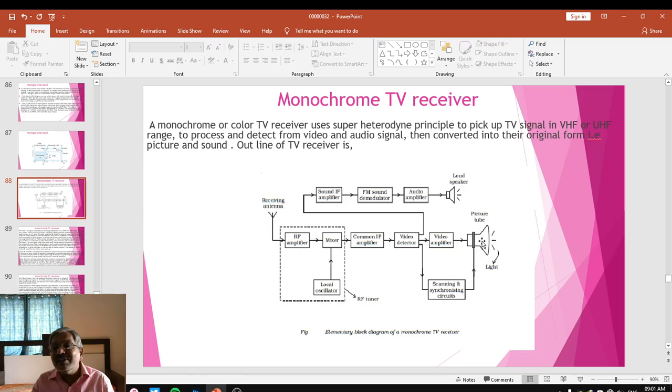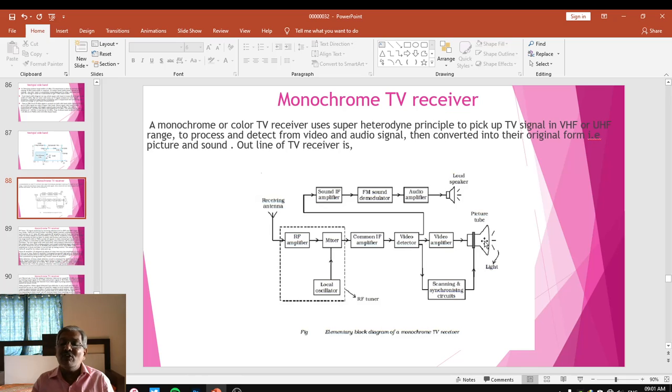Those are converted into a beam of electrons. Then the generated electron beam is passed to the final accelerating anode or main accelerating anode, where the electron beam velocity is increased so that it possesses high kinetic energy.